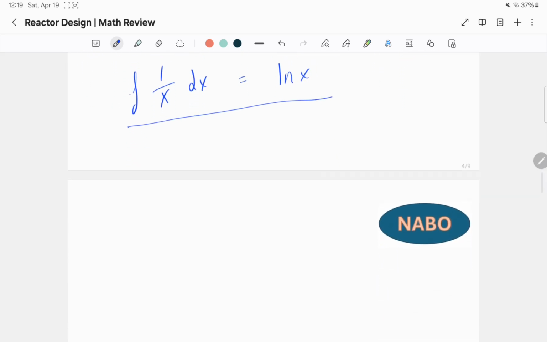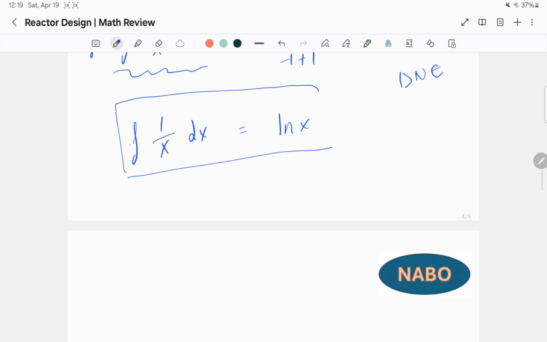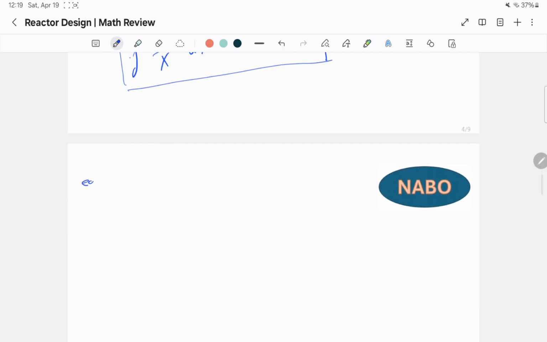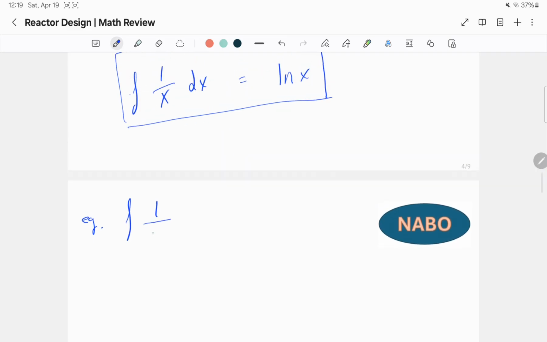So let's do some examples for this rule. Example: integral of 1 over Ca dCa, in terms of reactor design. Let's put the limits from Ca naught, which is the initial concentration, to Ca, which is the final concentration.